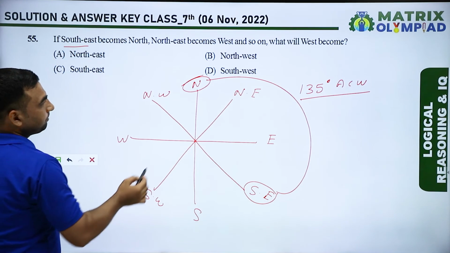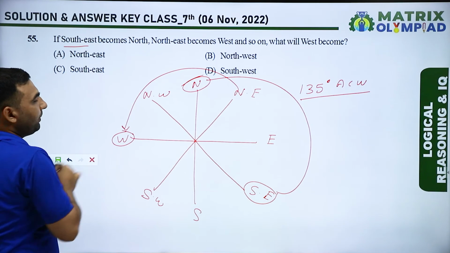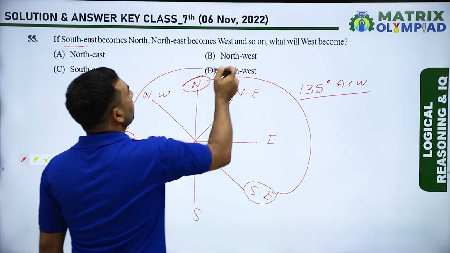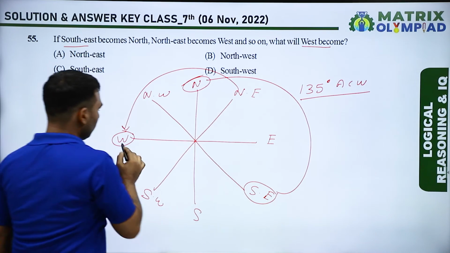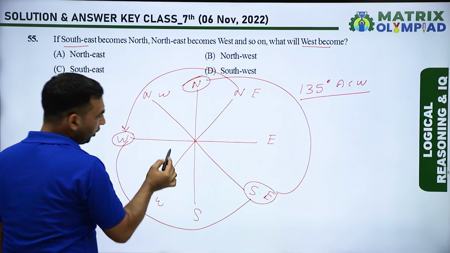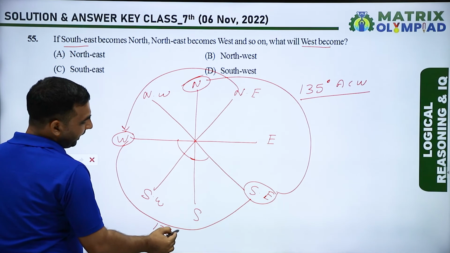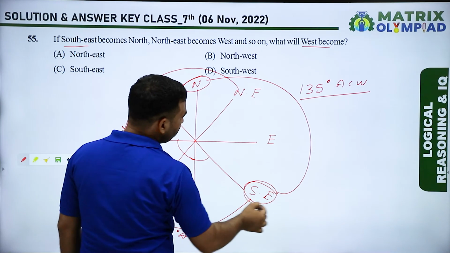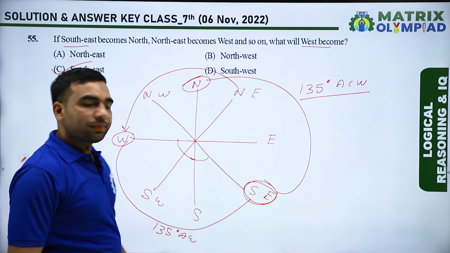Northeast becomes west, that is also a 135 degree anti-clockwise rotation. So, what will west become? West becomes 90 plus 45, that is 135 degrees anti-clockwise, which is called southeast. Then option C is the correct answer.